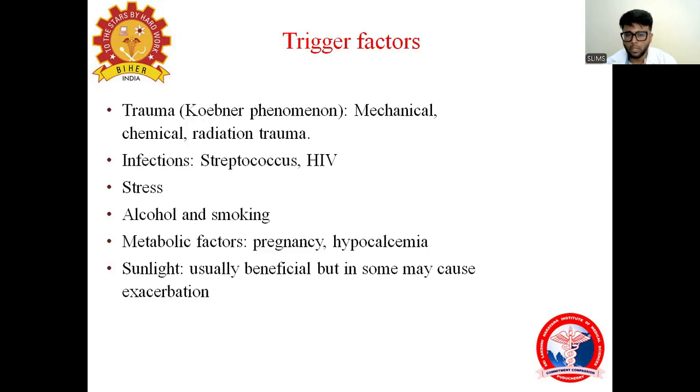Smoking and alcohol are very well-known predisposing factors, along with metabolic factors like pregnancy and hypocalcemia. Calcium is very important for keratinization; deficient calcium results in hyperproliferation and irregular keratinization. The last one is sunlight. It's usually beneficial, but in some cases it may exacerbate, so it's a double-edged sword.